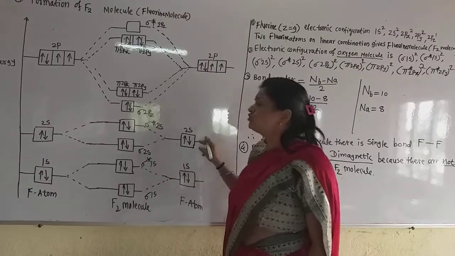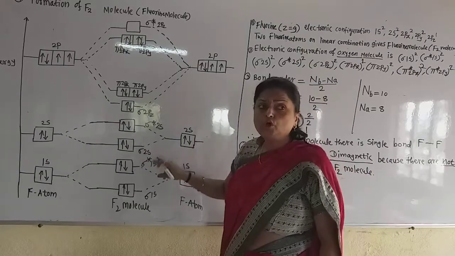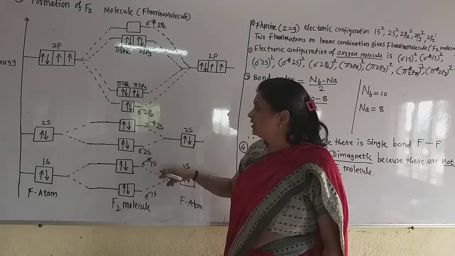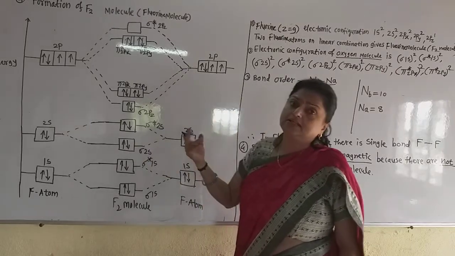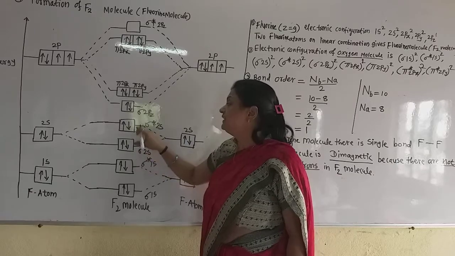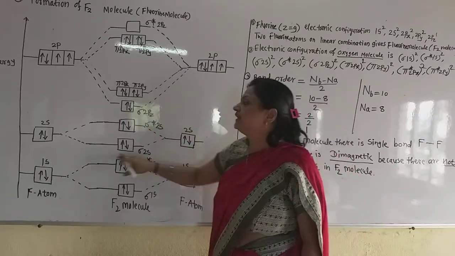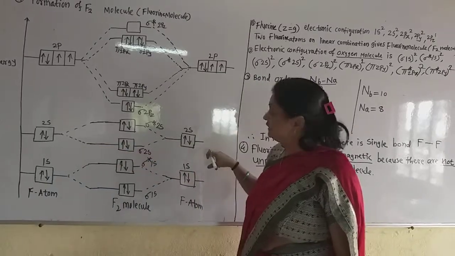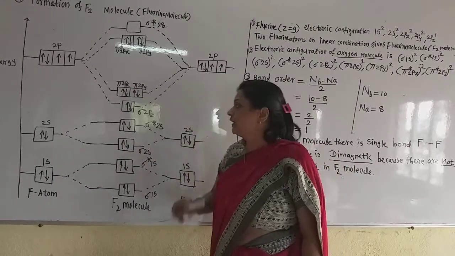The 2s orbitals of both fluorine atoms again form 2 molecular orbitals. One is the bonding molecular orbital sigma 2s and another is the anti-bonding molecular orbital sigma star 2s. Both contain 2 electrons with opposite spin, as there are totally 4 electrons in the 2s orbitals of both the fluorine atoms.